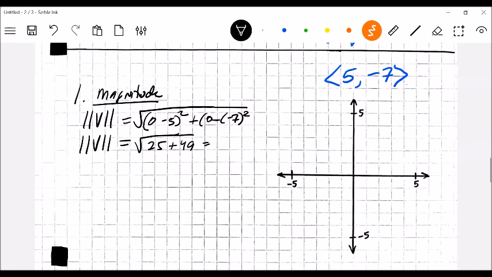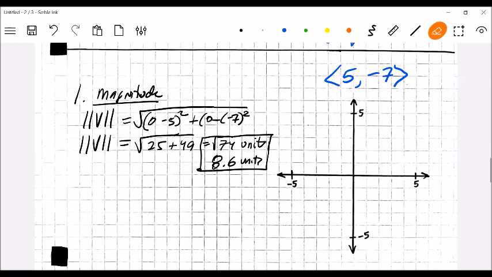And that gives us 74. So it's square root of 74 units. And approximately, if I take that and put in the calculator, it's approximately 8.6 units. So those are our answers here. I think I want to put the approximation inside the box.